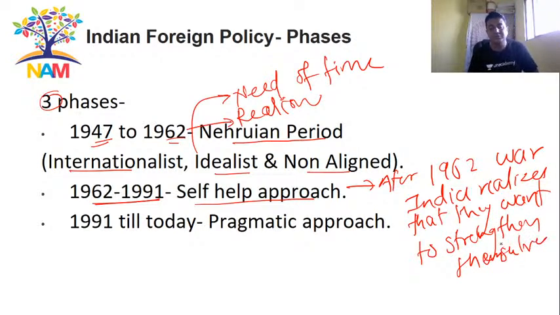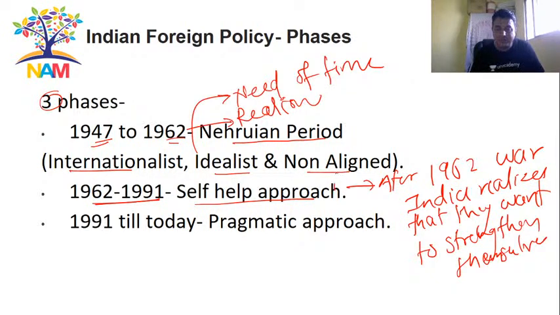It should not depend on diplomacy only. It should depend on force as well. You have to be a strong force, a strong contender, not just in terms of military, but in terms of economic force as well. So our foreign policy is based on the broad framework only, but slight changes were introduced, which was necessary according to the time.